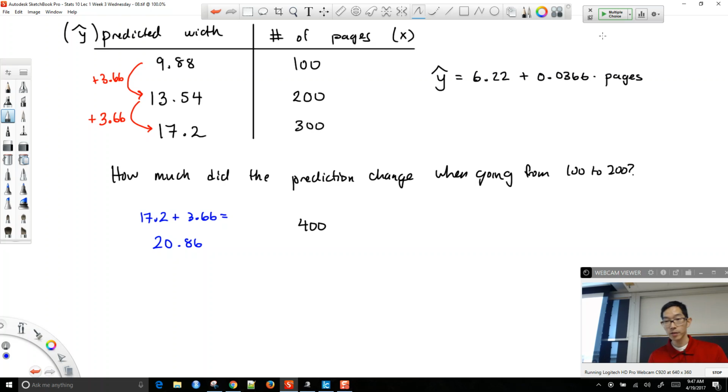Okay, where is this number 3.66 coming from? It's coming from this value right here, the slope of the regression line. This is our slope, this is our b.